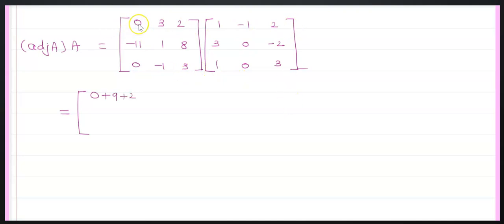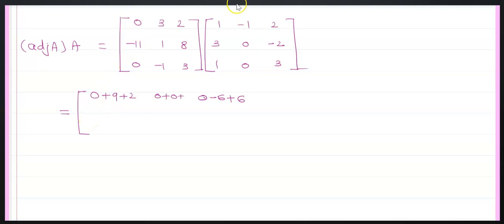Then you will get 0, 9, 2 and so on: 0, 0, and the last is again 0, minus 6 plus 6.